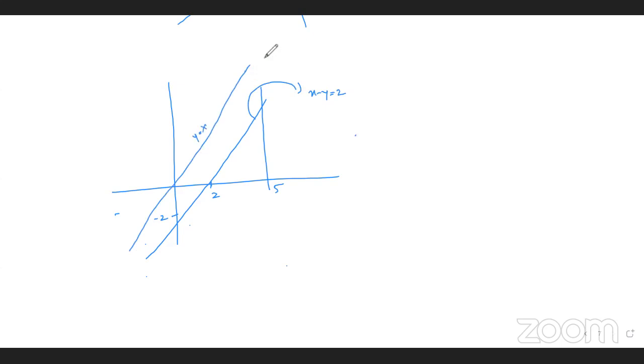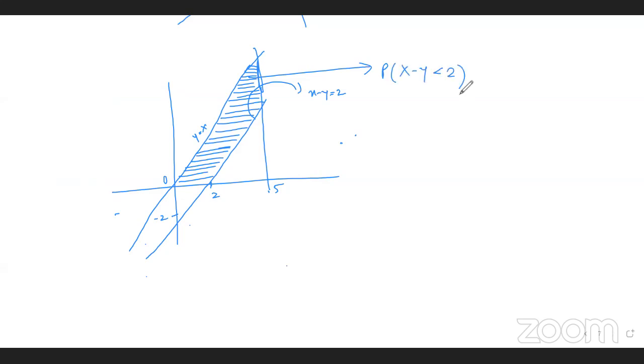So it was given to us that x is lying between 0 to 5. This region is what we had to find the probability of. This region is the probability that x minus y is less than 2.